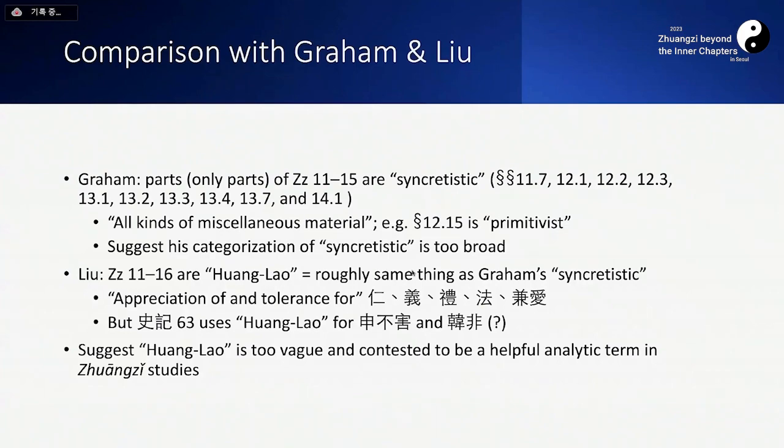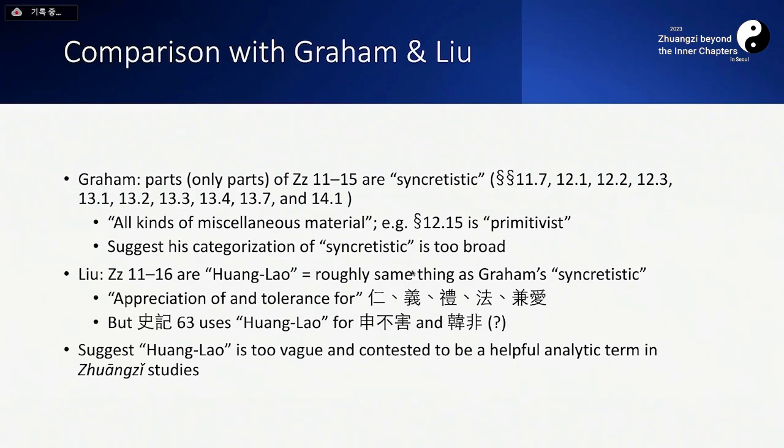Now, that's at least partly what Graham meant by syncretistic. Liu sees this sort of eclecticism as matching Sima Tan's description of Taoism, and Sima's Taoism, he suggests, is just what we now call Huanglao, and that's why he's going to label all of these Piān Huanglao.